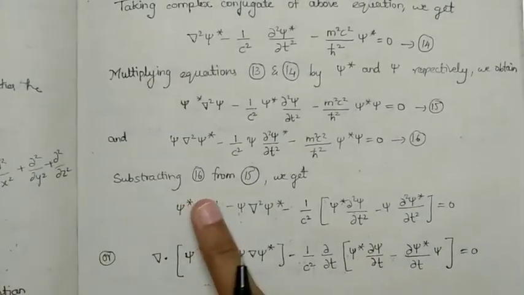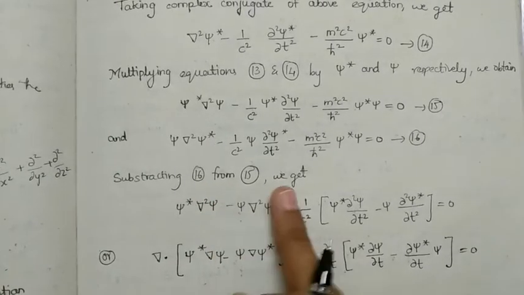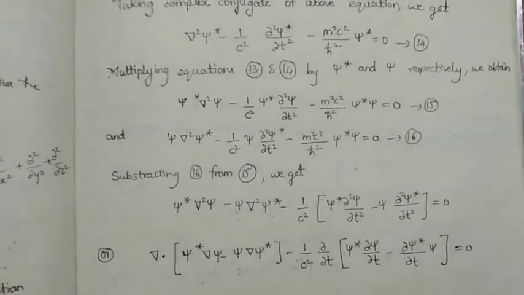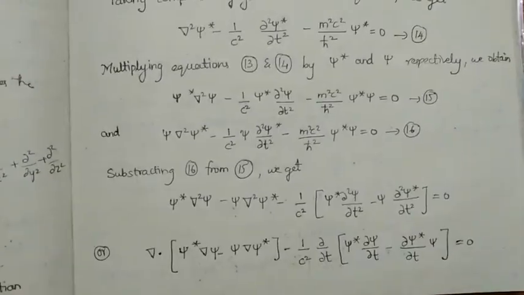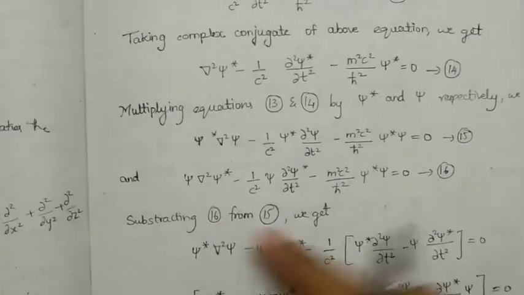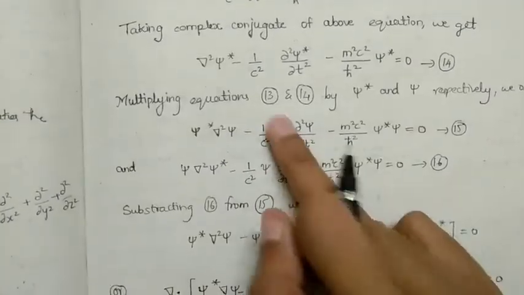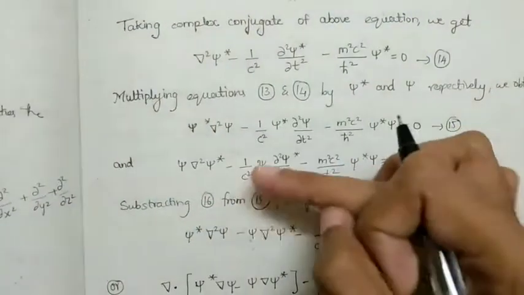So subtracting 16 from 15, we get: this equation minus this equation.